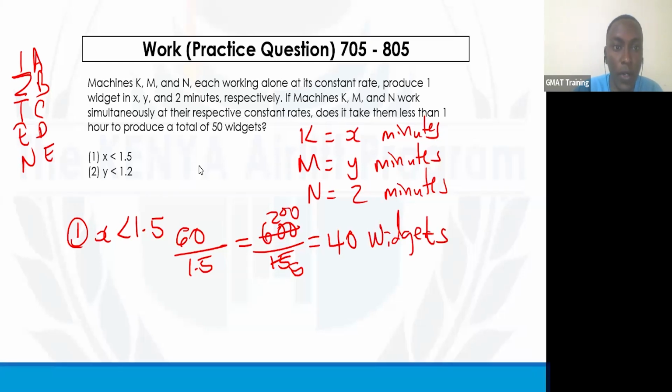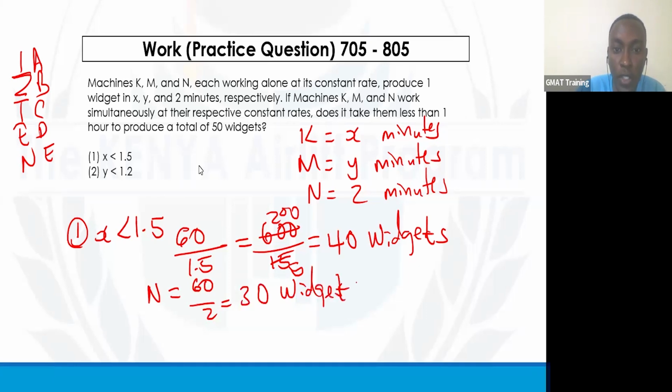What about now N? So for that case, N produces a widget in 2 minutes. What about 60 minutes? So 60 divided by 2 gives us 30 widgets.